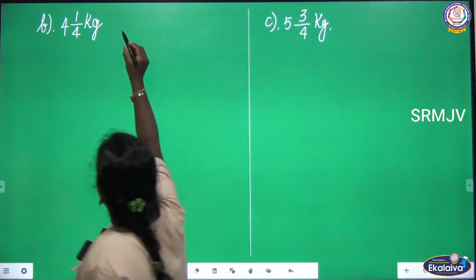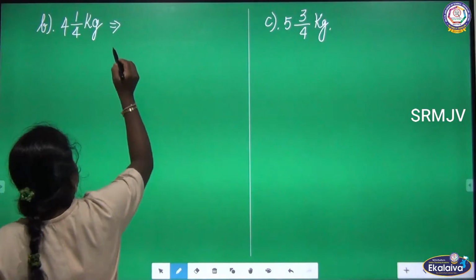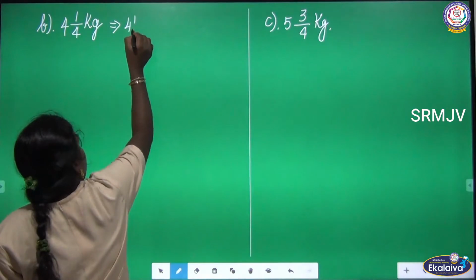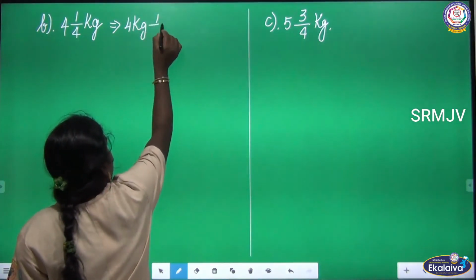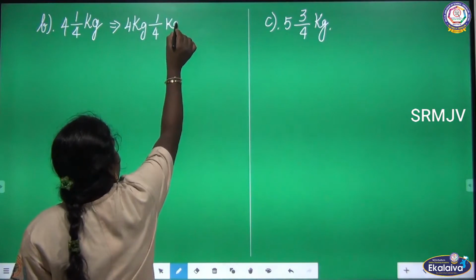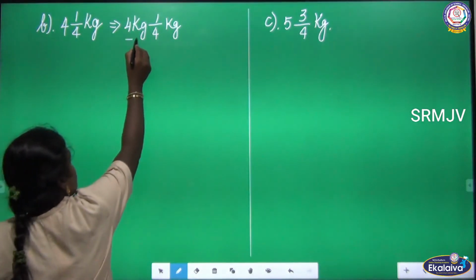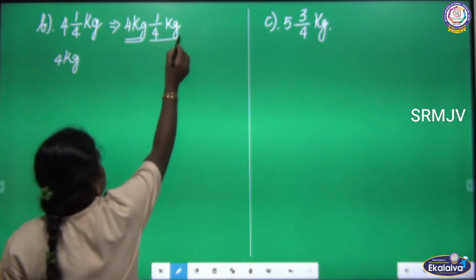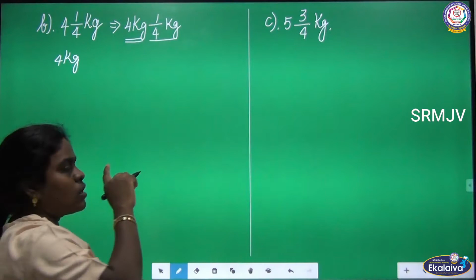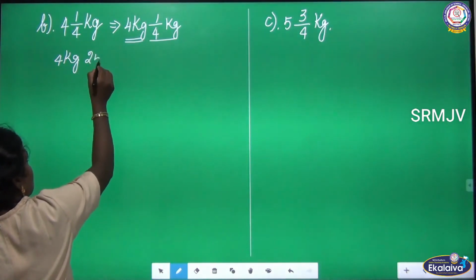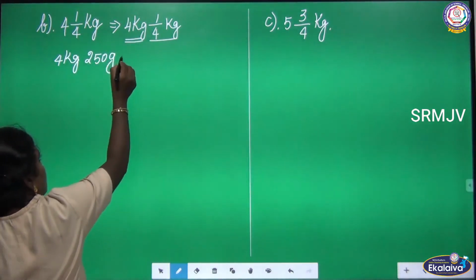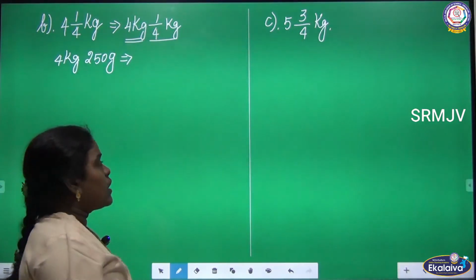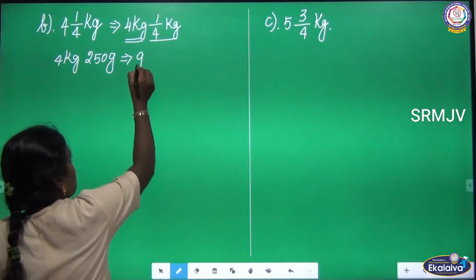4 1/4 kilogram. Let us split the given measurement into gram and kilogram. We can split this as 4 kilogram and 1/4 kilogram. So let us write 4 kilogram, and we know that 1/4 kilogram equals 250 grams. So now we are going to convert 4 kilogram and 250 gram into grams.